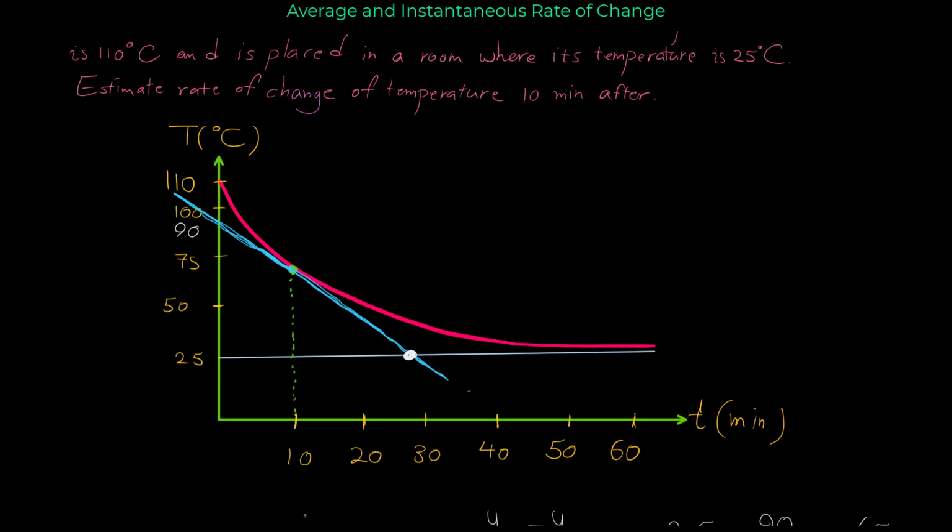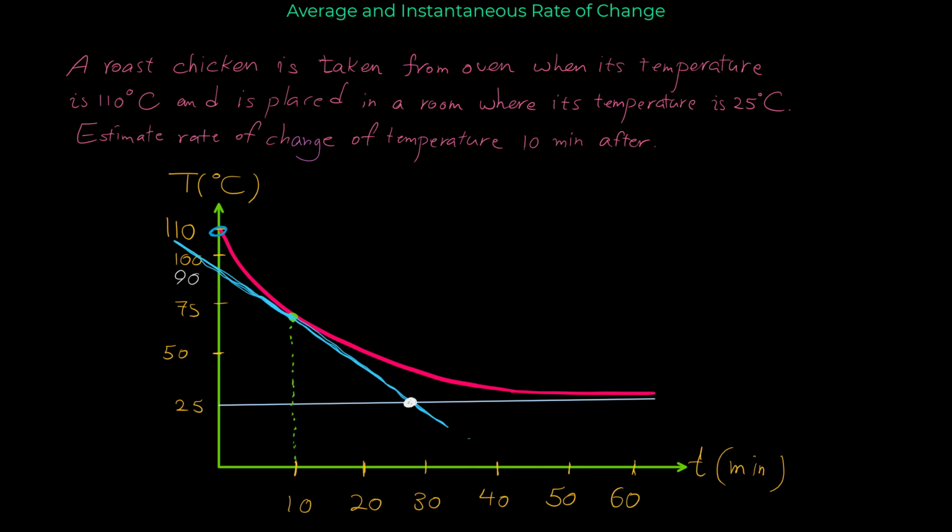At T equals 0, the temperature is 110 degrees. And at T equals 50, the temperature is a bit above 25. We can say 30 degrees, 28 degrees. This is an estimate, attention. We cannot find an exact answer from a graph. I consider here to be 28.